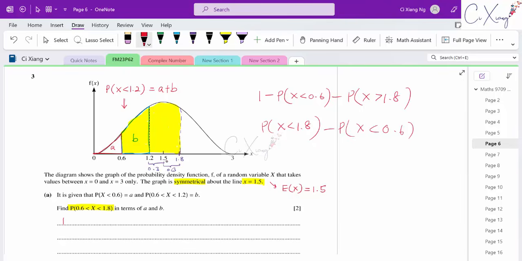For the probability of x between 0.6 until 1.8, maybe I can show you both solutions so that you can roughly compare. Let's say I'm using the second method first. For x between 0.6 until 1.8, I can rewrite it as x smaller than 1.8, then minus the probability of x smaller than 0.6.